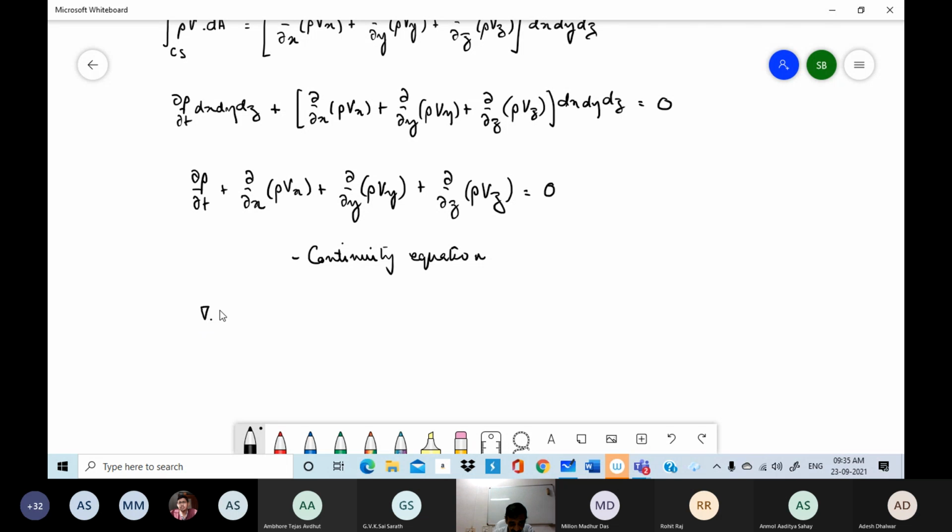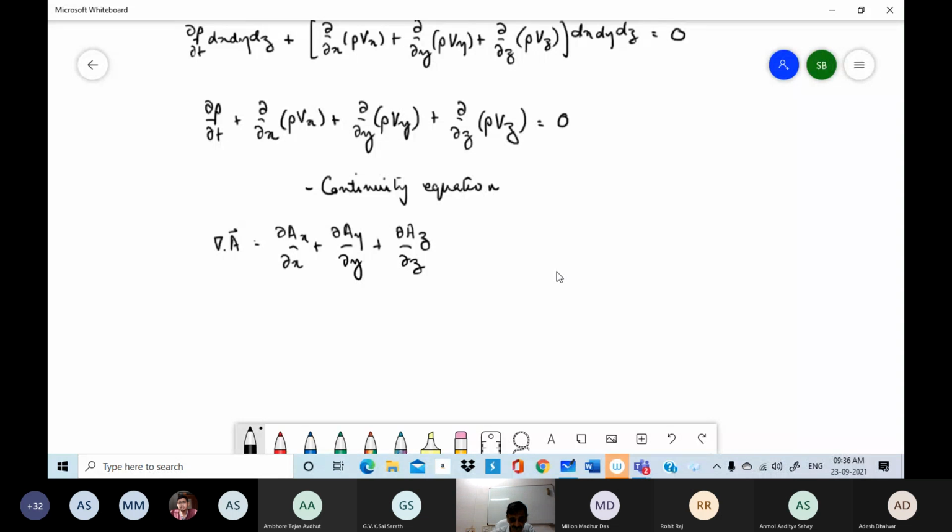We know a scalar into a vector is a vector.